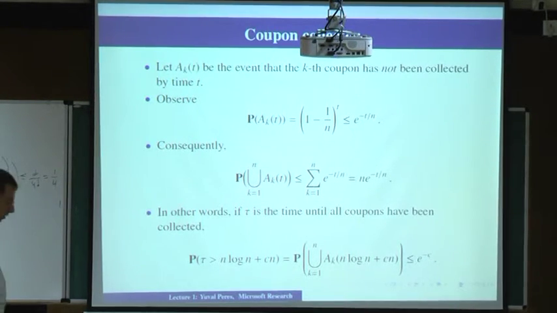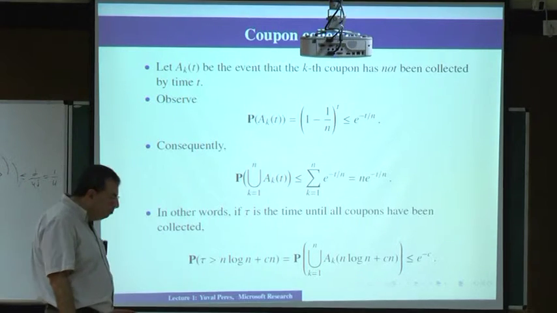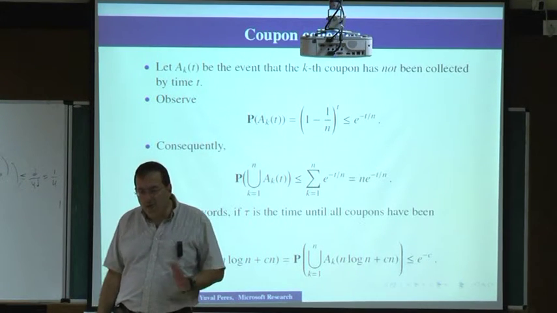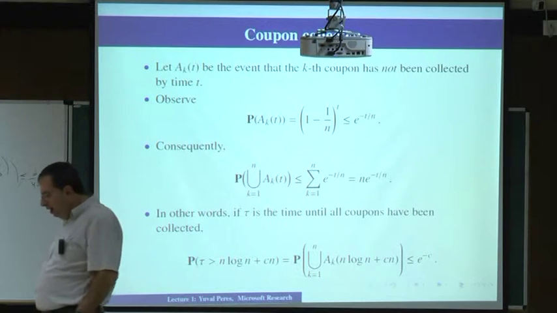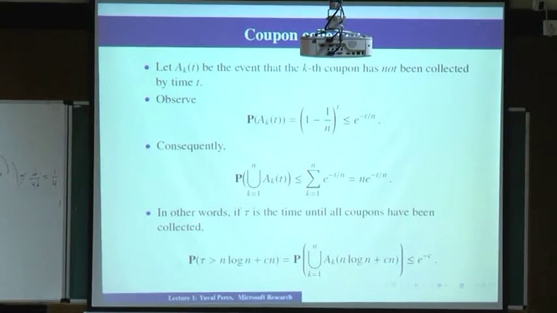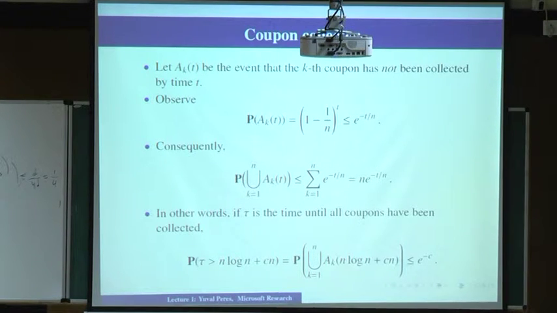Because the hypercube is such a simple example, we could be more ambitious and ask, what is the right constant in the mixing time? So we know the right constant in the coupon collector is 1. That is, to collect all coupons, you need n log n. The question is, to mix in the lazy hypercube, do we need n log n, or maybe a smaller time would suffice?